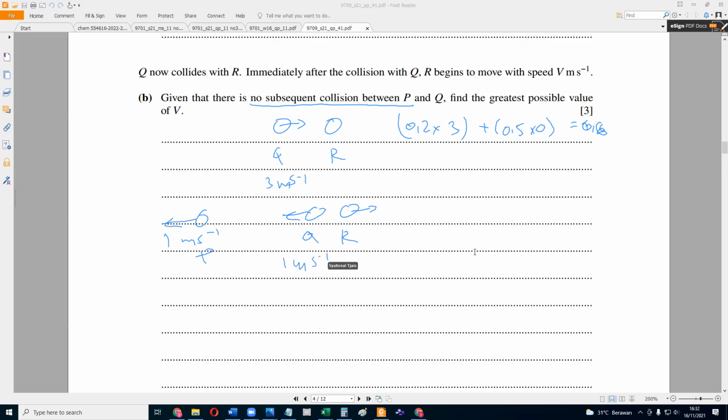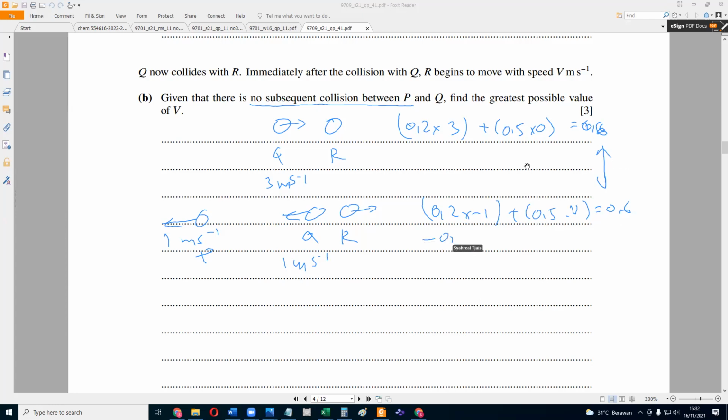So we can calculate this one here. It's going to be 0.2 times minus 1, negative 1 because to the left, plus 0.5 times V. That's going to be 0.6. It must be the same before and after. Let's solve this.